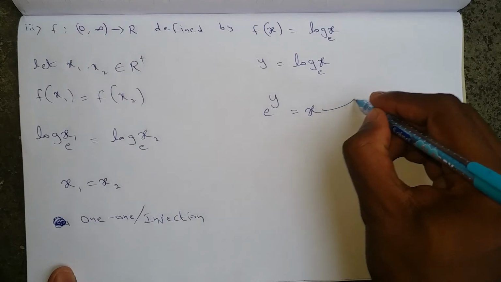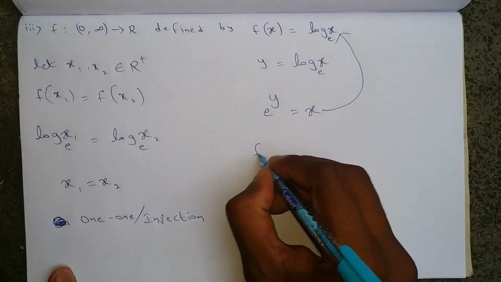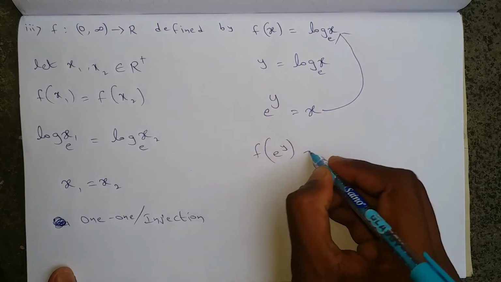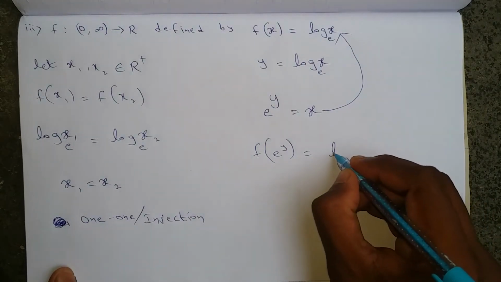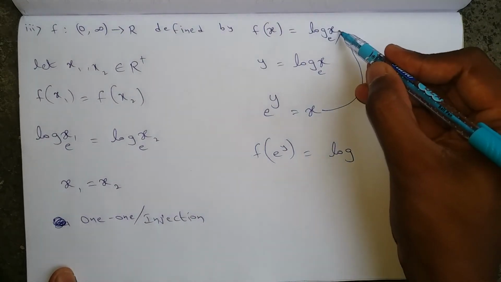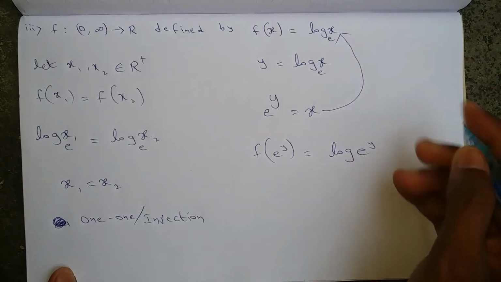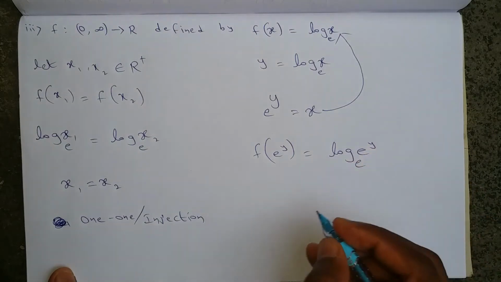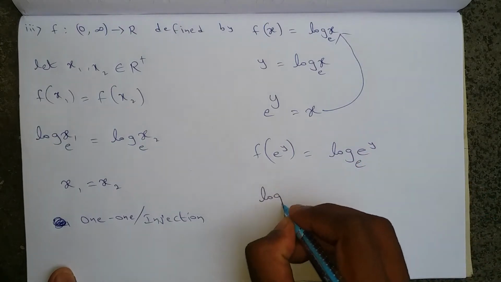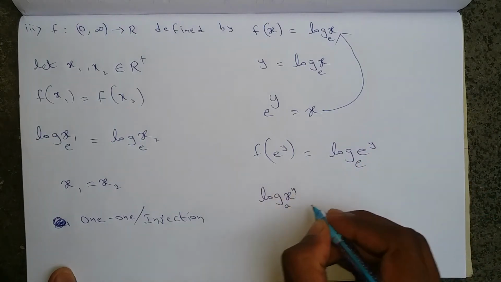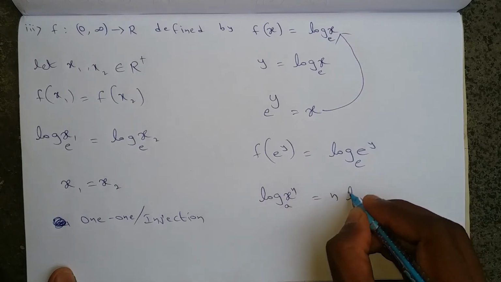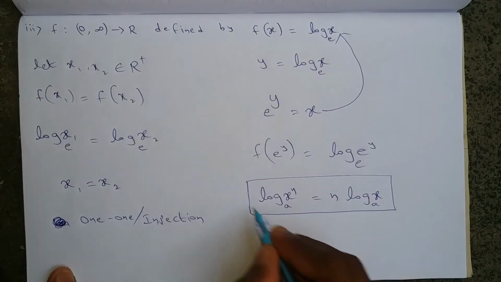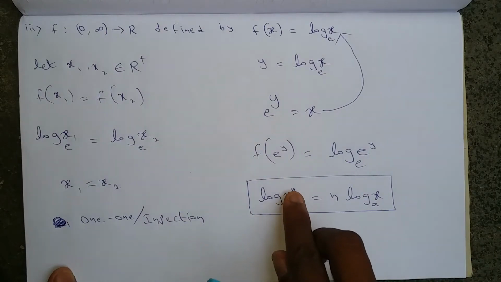So x we need to substitute here. f of, in the place of x we substitute e^y, which equals log of e^y base e. Now if we observe this, log e^y base e, it is in the form of log x^n base a, which equals n into log x base a. In simple terms, if a power is there, it will come to the front.